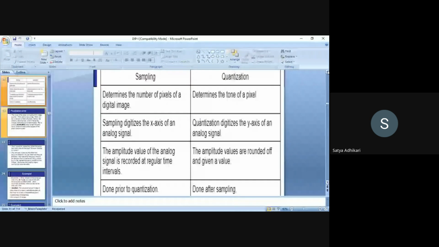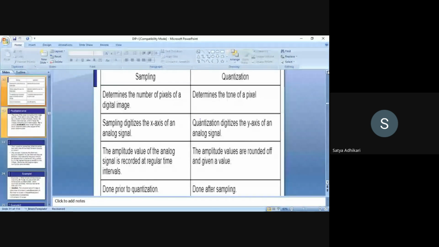So these are the common differences between sampling and quantization. As we discussed again and again, sampling determines the number of pixels of a digital image, and quantization determines the gray level value, tone value, intensity value, amplitude value.